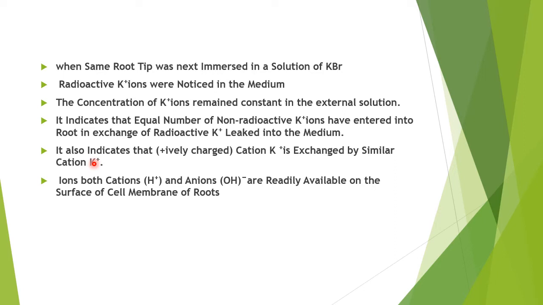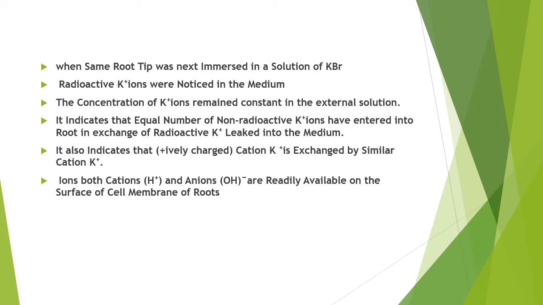That's why, when it was fed with potassium bromide, radioactivity was noticed in the medium. Ions, both cations and anions, are readily available on the surface of soil membranes of roots.